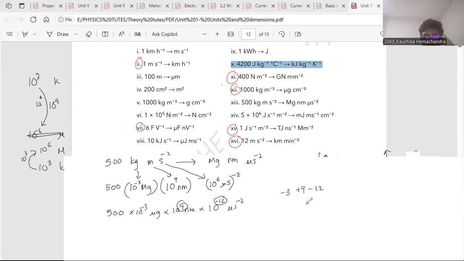So minus 3 and minus 12 is minus 15, plus 9, so you get minus 6. 500 into 10 to the power minus 6, that is here 10 to the power 2, two zeros, so those get cancelled with the 6. So that is 10 to the power minus 4, megagram nanometer per square microsecond.